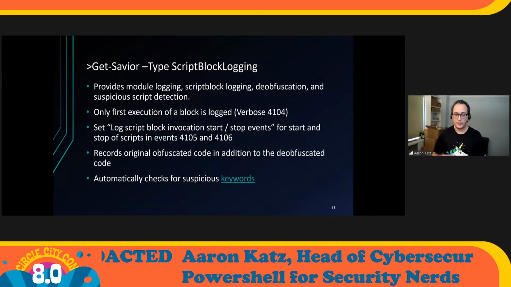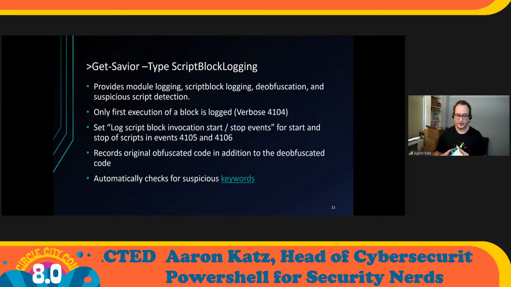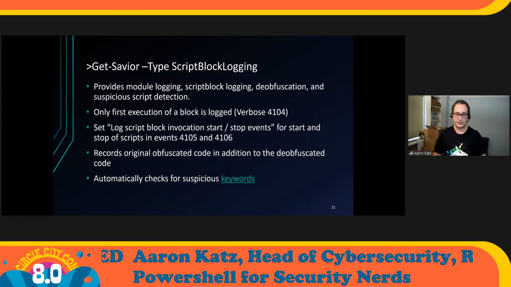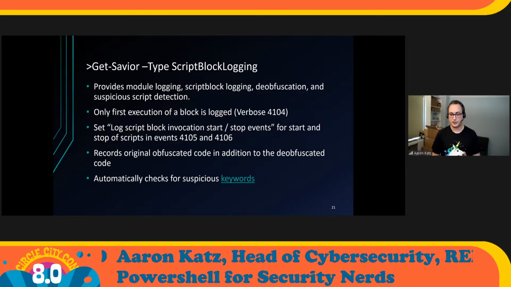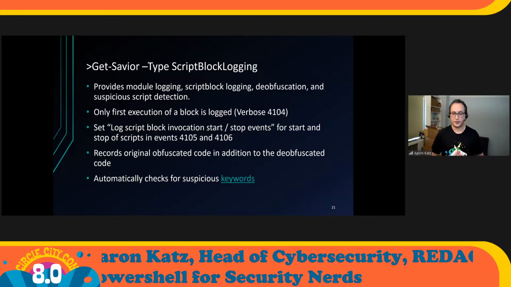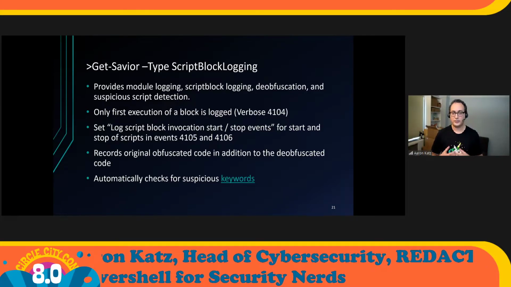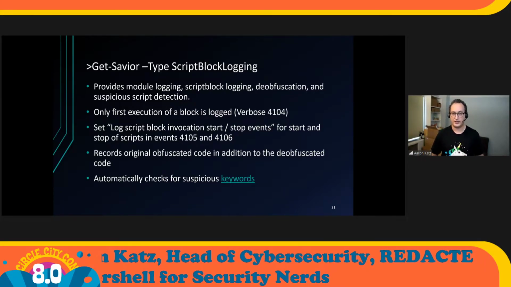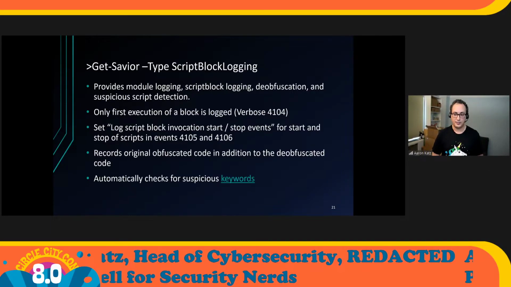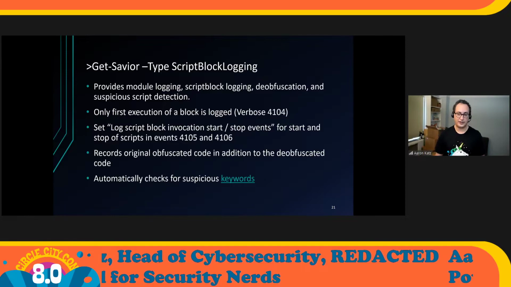And then one of the important ones here is script block logging. And this provides module logging, script blocks, deobfuscation, suspicious script detection. And the deobfuscation is the most important. What really makes it difficult when you're investigating an incident is understanding what scripts the attackers ran. By default, the Windows event log has a character limit.